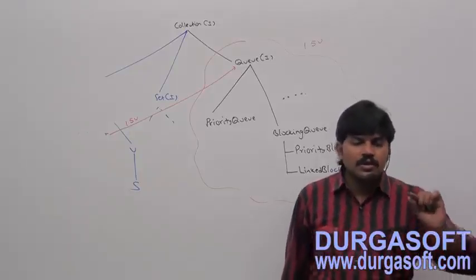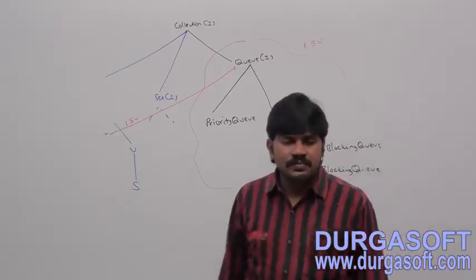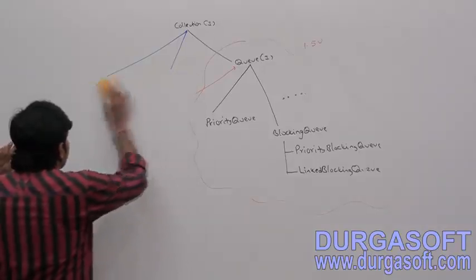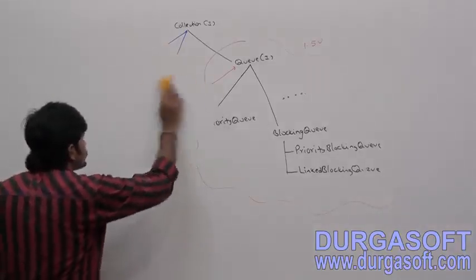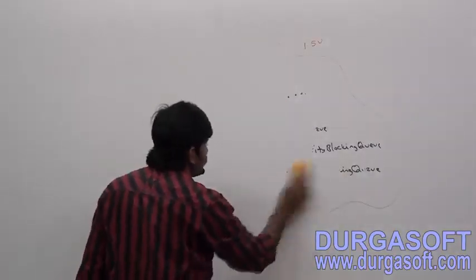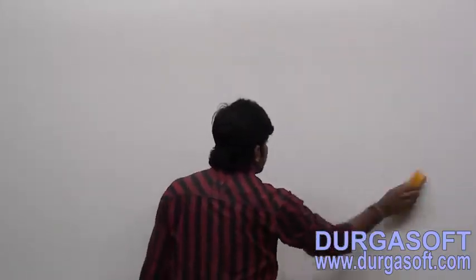Next, the linked list based implementation of queue always follows first in first out order.